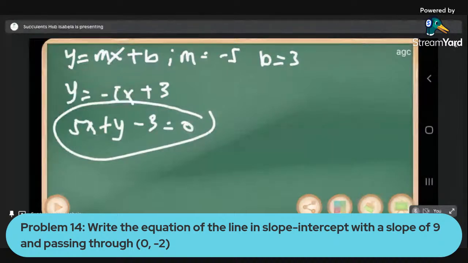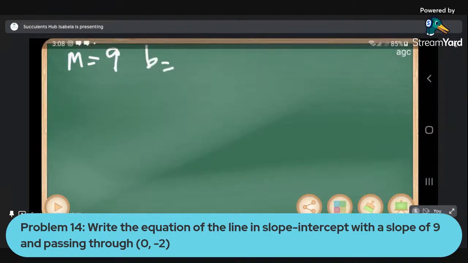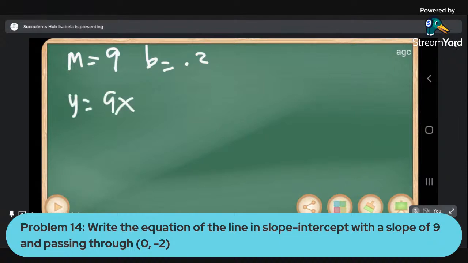Ibig sabihin, that's the point where the line crosses the y-axis. So that is your y-intercept. So you have a slope of 9, m is equal to 9, and then b is equal to -2. So y is equal to 9x minus 2, or 9x minus y minus 2 is equal to 0.